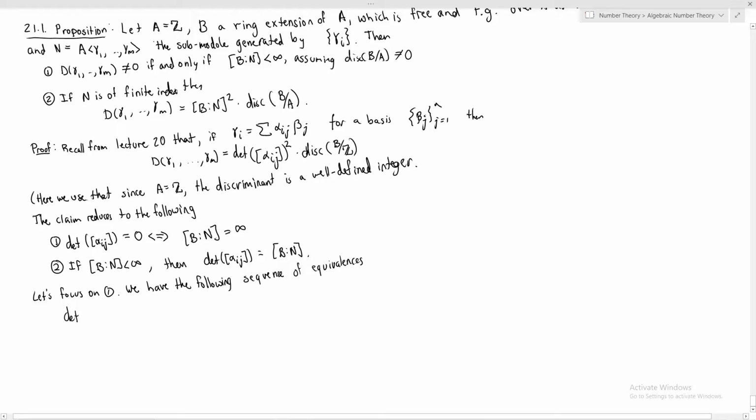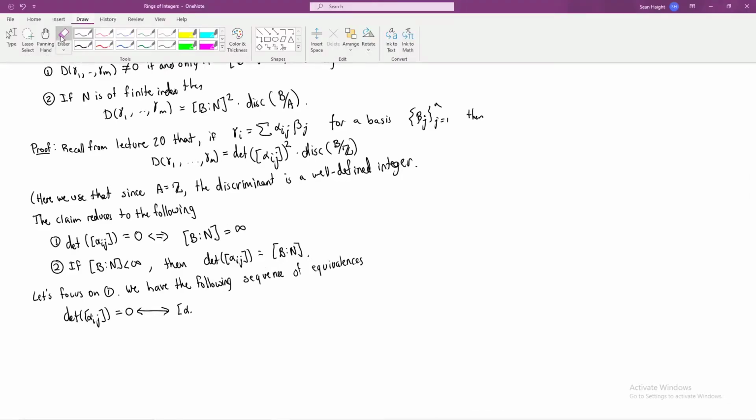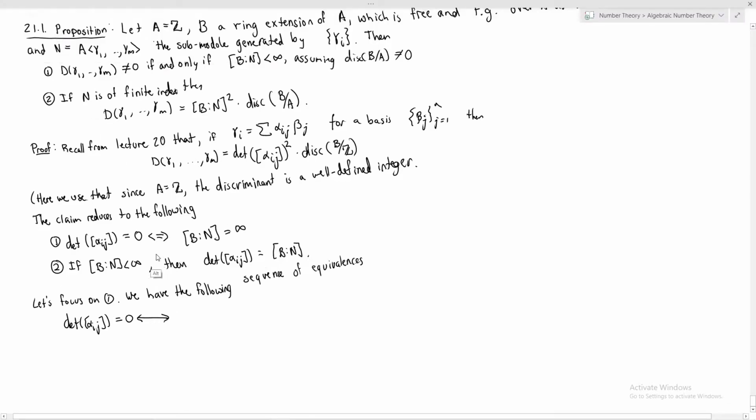The determinant of this guy is equal to 0 if and only if this matrix is not invertible, or sorry, no, that's not quite right. What does it mean for the determinant to be 0? It means that the columns are linearly dependent.